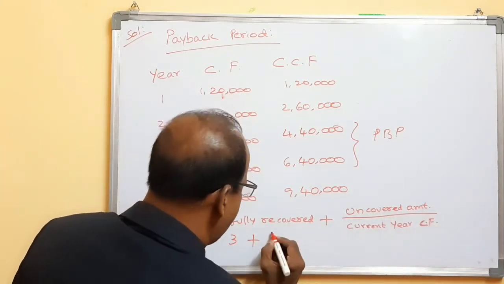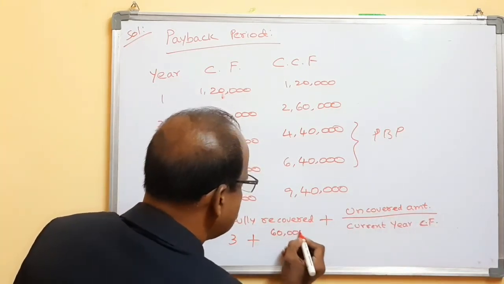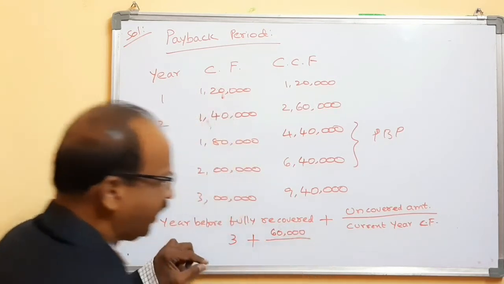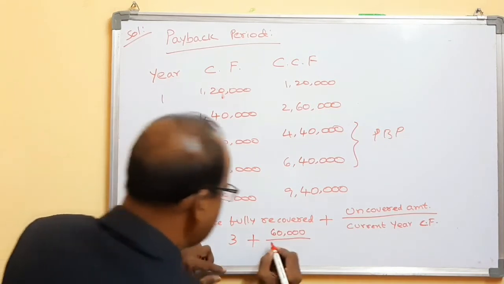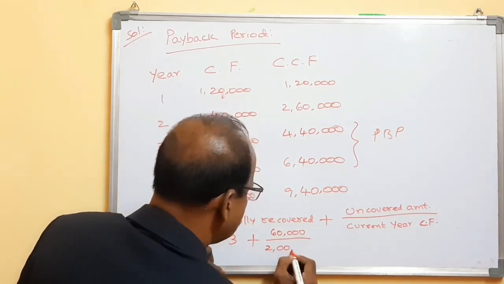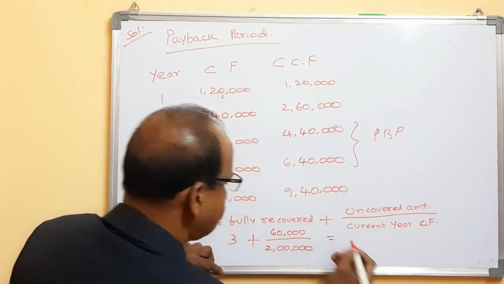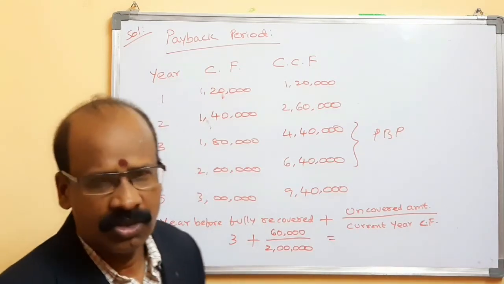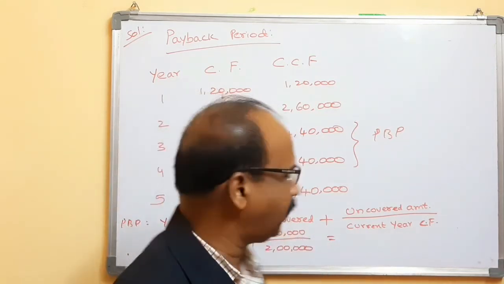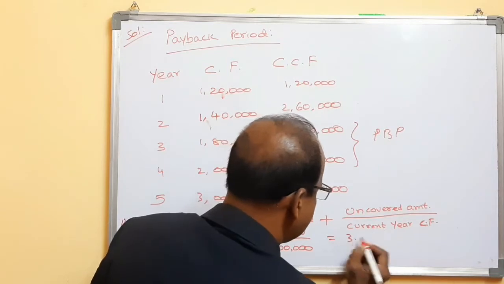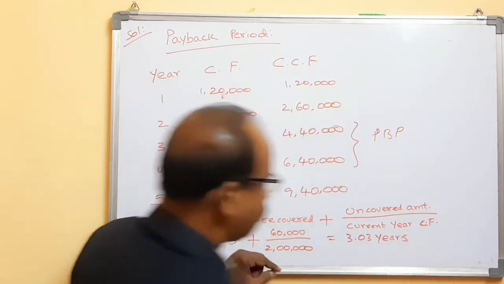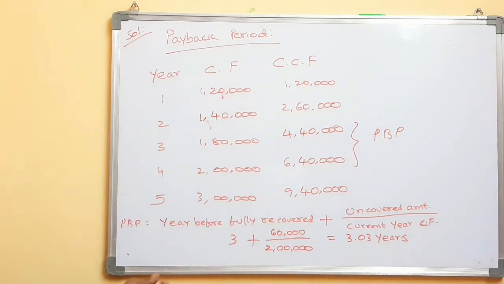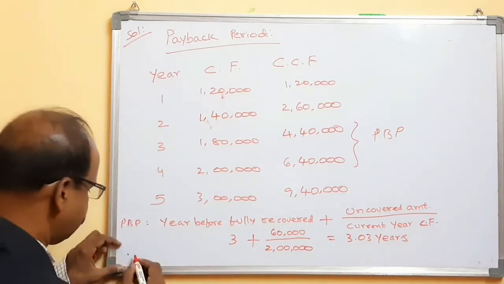That is the uncovered amount. 60,000 divided by current year cash flow. Current year means fourth year. Fourth year cash flow how much? 2 lakhs. If you simplify this one, we get 3.03 years. Payback period is 3.03 years.